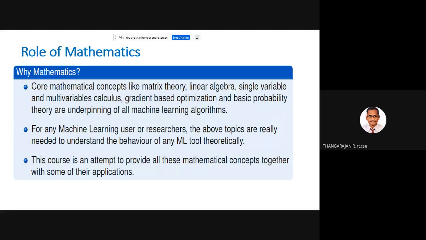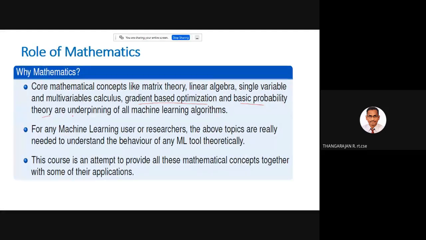Now we come to the role of mathematics. Why is mathematics necessary? What is the role of mathematics in machine learning? You know that we have algebra, then single variable and multivariable calculus, gradients, that is gradient based optimization, and basic probability theory.